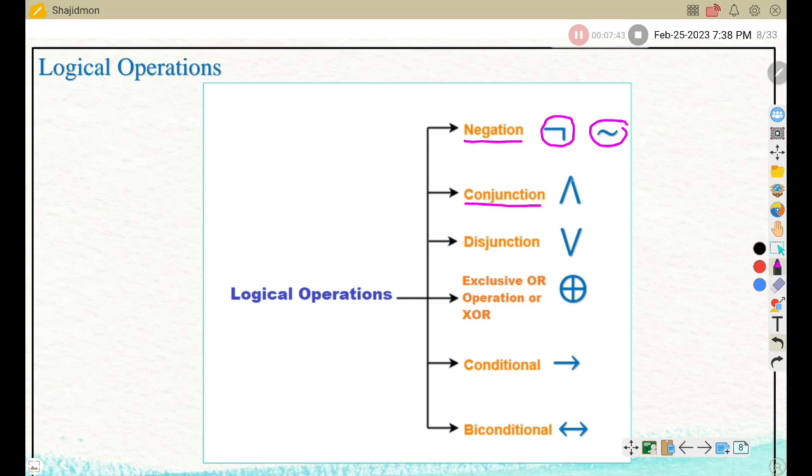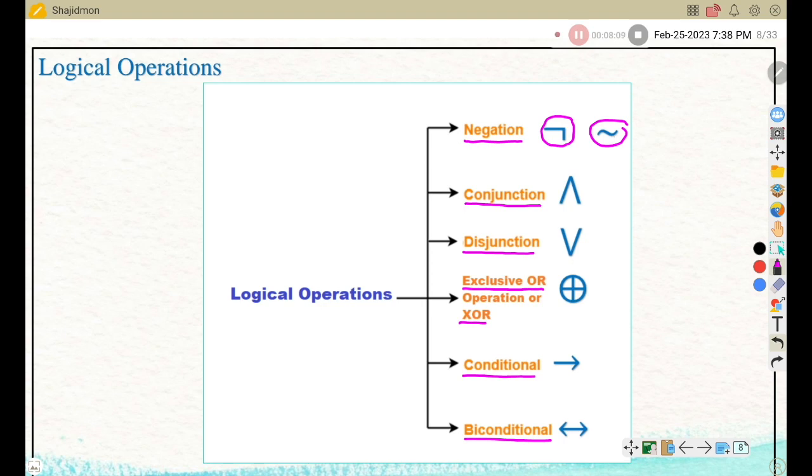Conjunction, this is the symbol. Disjunction, this is the symbol. Exclusive or we call the XOR operation, and we can use this symbol. For the conditional statement we use a one-sided arrow. For the biconditional statement we use a double-sided arrow. So these are the logical operations we are discussing in this section.